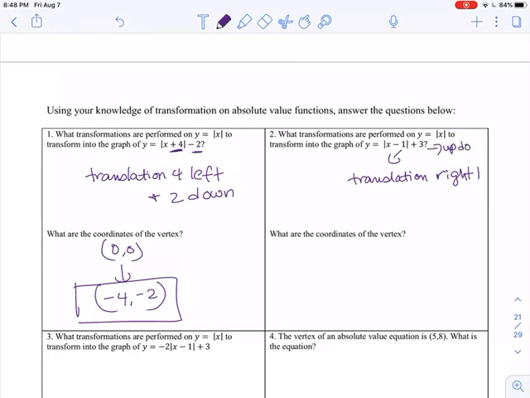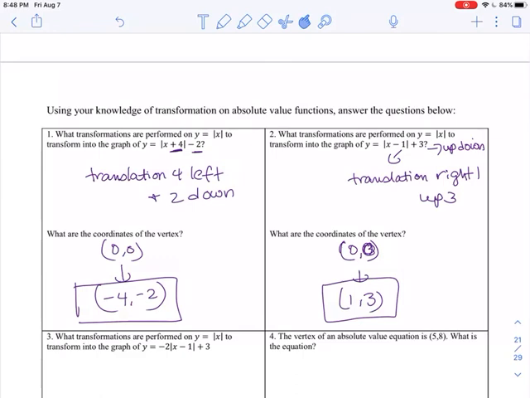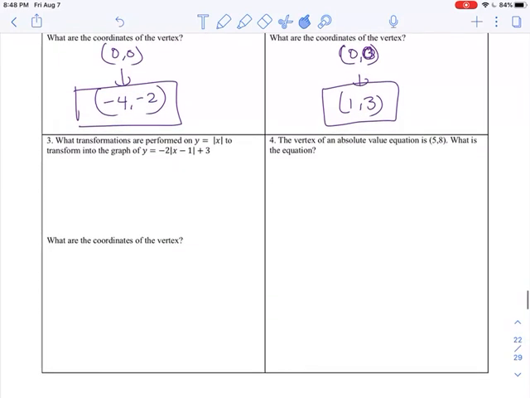So this is up-down, and if it's positive 3, I'm going up 3. What are the coordinates of my vertex? The parent function is 0, 0, so this of course would be 1, 3. All right, hopefully this is making sense.